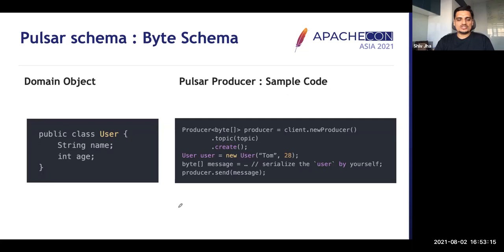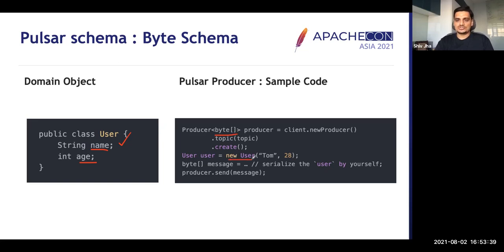So we'll first look at programming language's own serialization and deserialization, and how to do that with Pulsar's constructs. Let's say you have a user which has two attributes, name and age. You make a producer and you say that I want to use just the bytes that I give you, just send them over to Pulsar.